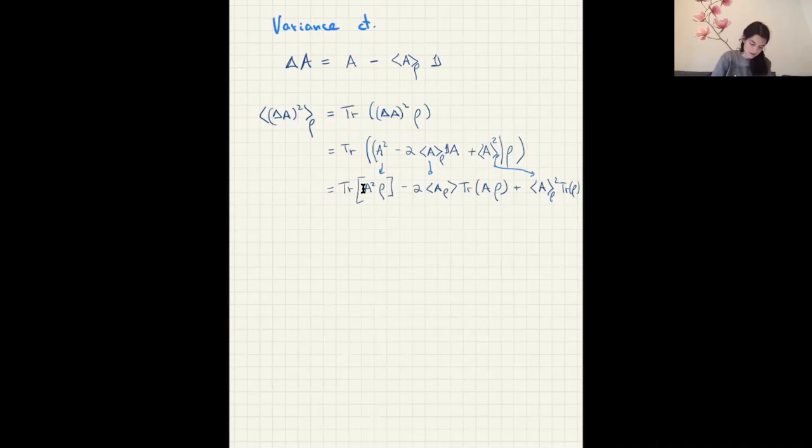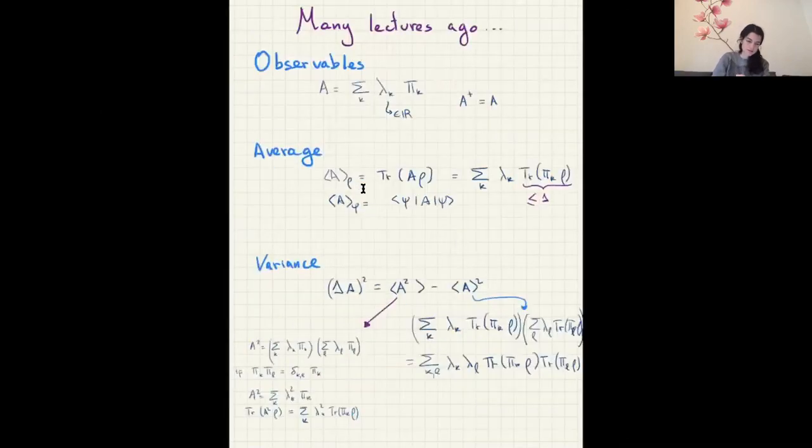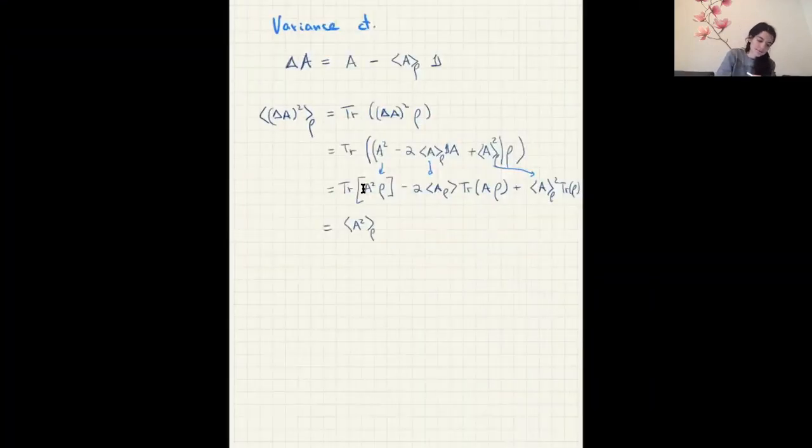Okay, so now let's rephrase things. This is just the average value of A squared, just like defined before, just like here.